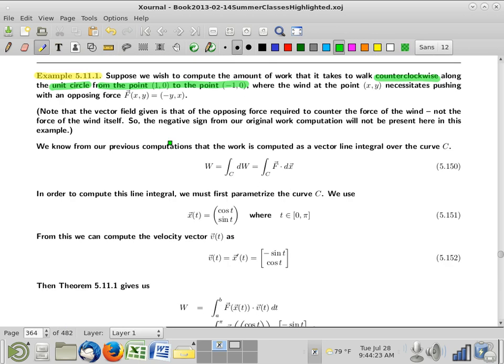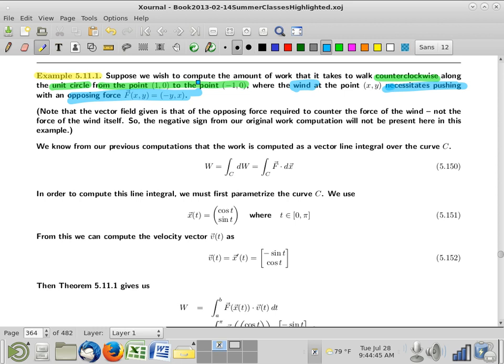Okay. So now, right, fine. So that's the path we're going to walk along. Now the wind is blowing, and be very careful of the phrasing here. The wind necessitates pushing with an opposing force, and the opposing force is given. Now, do I need to multiply by -1 here?